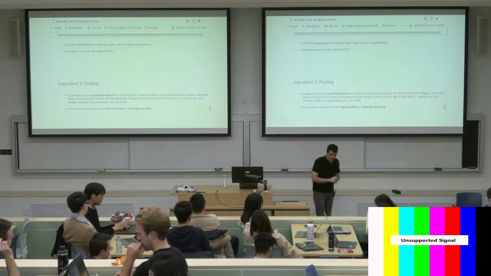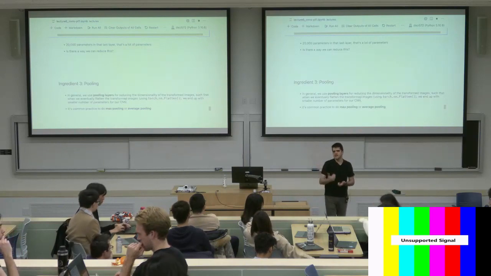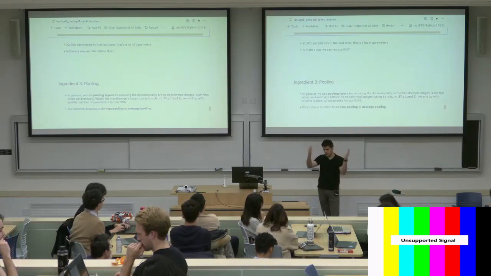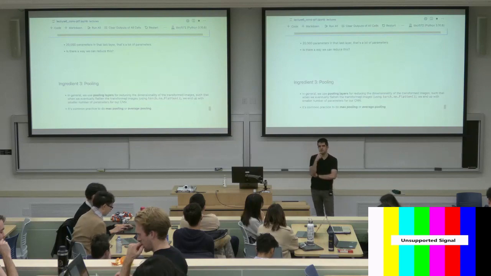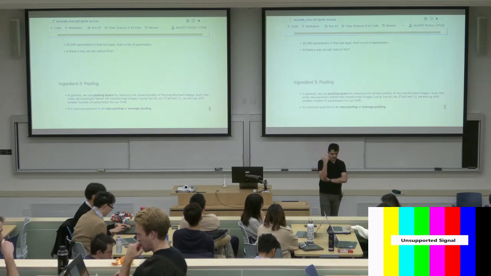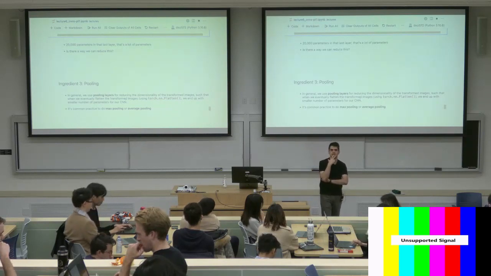So for example, one way to summarize that information is that, okay, we have done our convolution, here's our transformed image. Now we can do another operation. We can apply another filter on top of each group of pixels and maybe take the average or take the maximum of those pixels. So kind of summarizing that information in there.